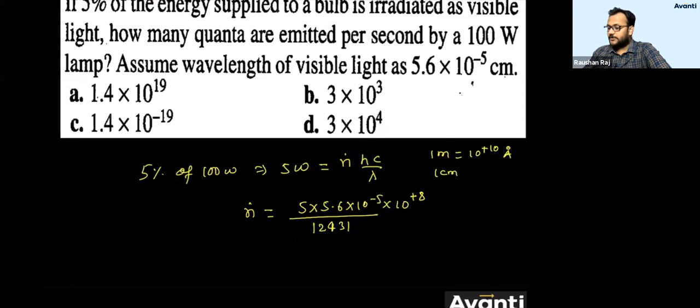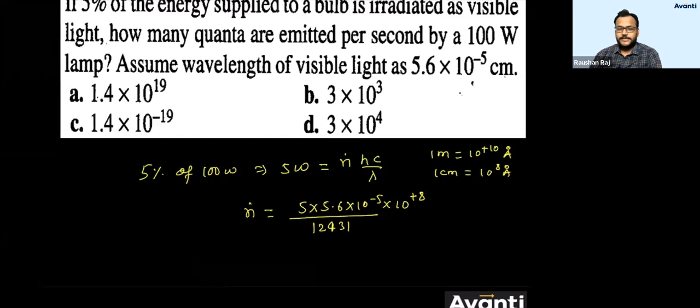So 1 centimeter will be equal to 10 to the power 8 angstrom, isn't it? Minus 4 क्यों लिखेंगे बच्चा? Correct है ना? Guys, did I commit any mistake?